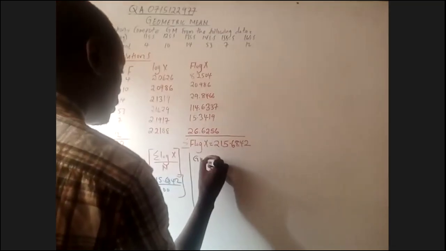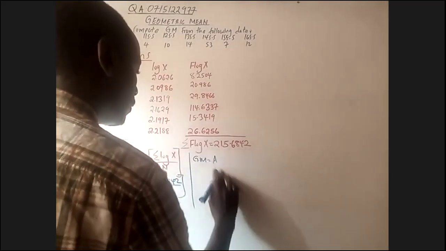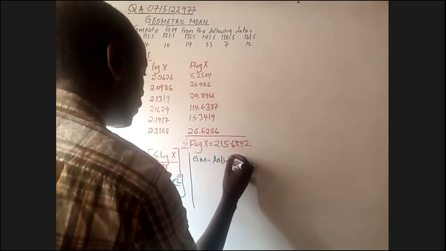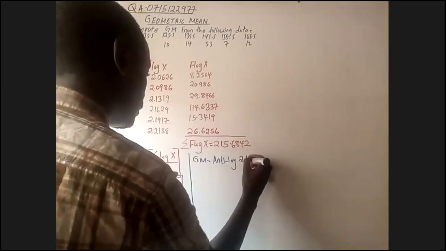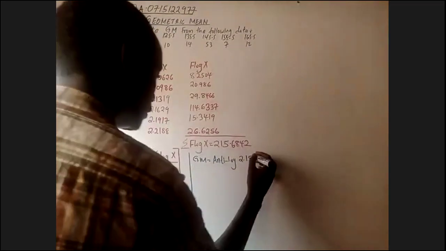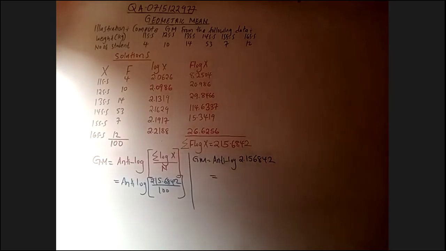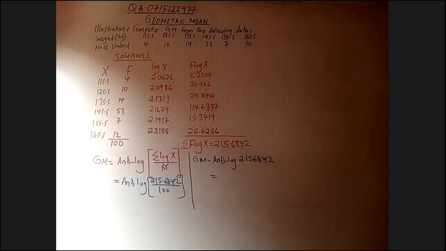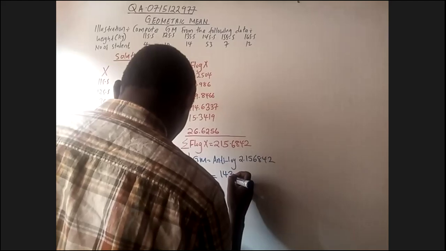Our GM will be the antilog of 2.156842. What is the antilog? What do you get? 143.45.